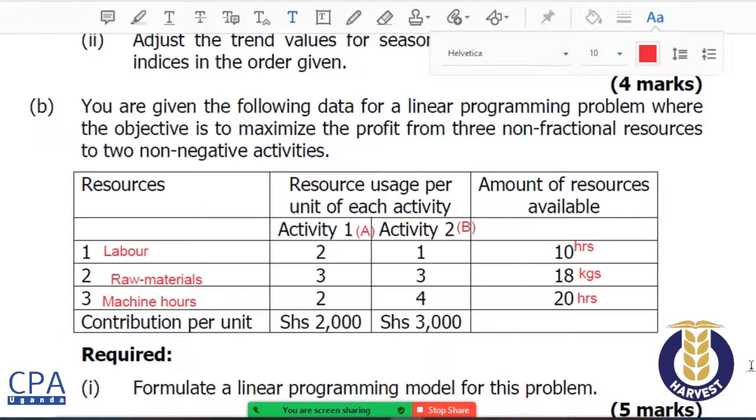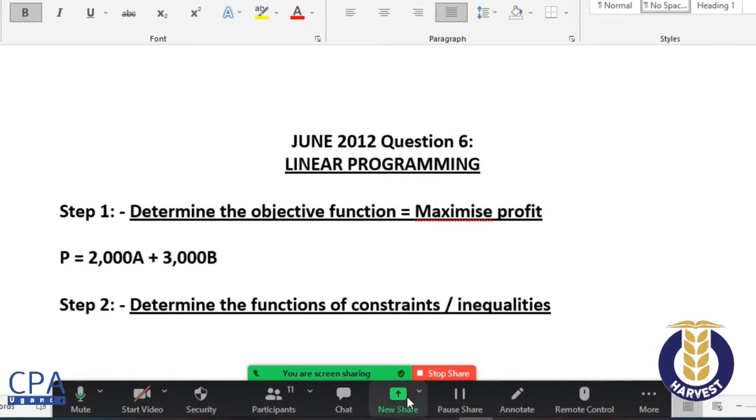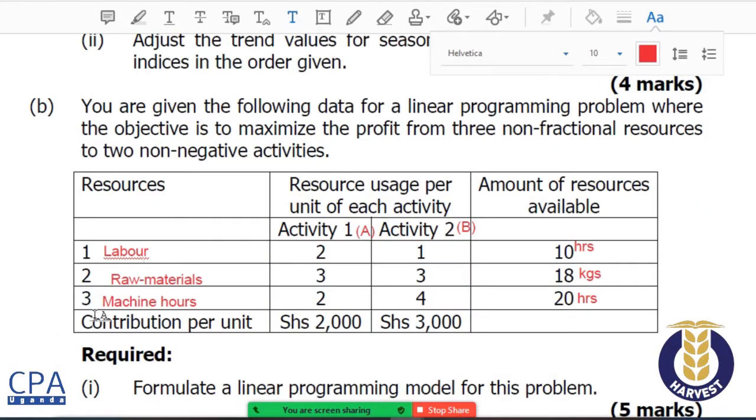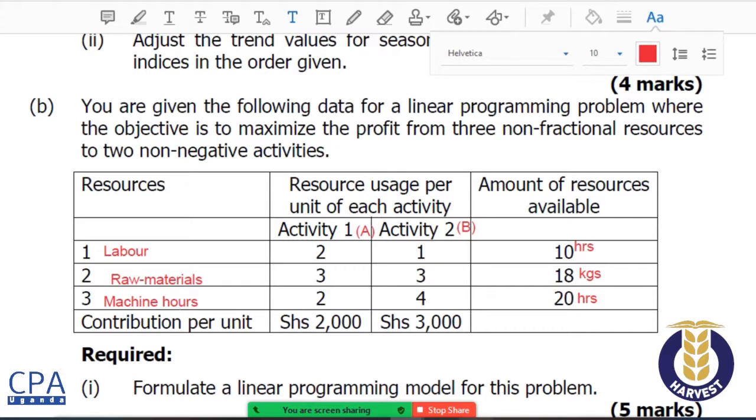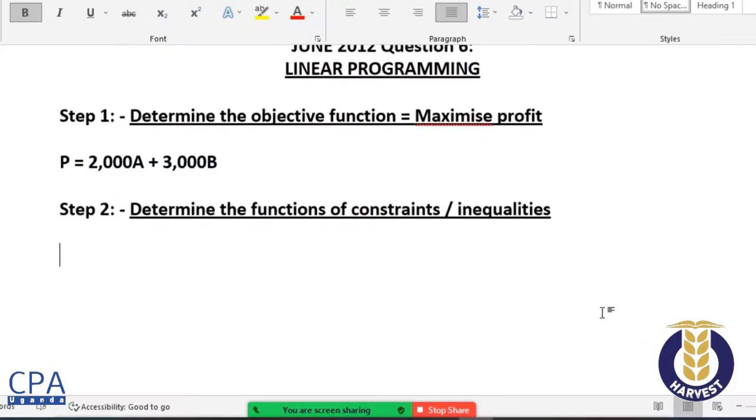As I've mentioned, we have resource 1, which I called labor, resource 2, which I've labeled as raw materials, and resource 3, which I've labeled as machine hours. So we are going to look at those three inequalities: resource 1 inequality, resource 2 inequality, and resource 3 inequality.